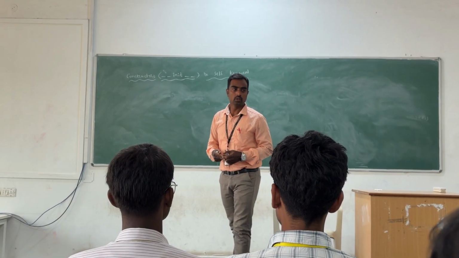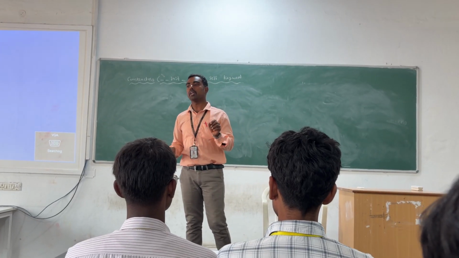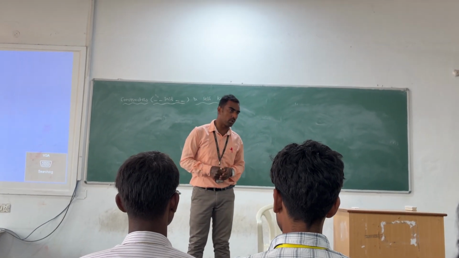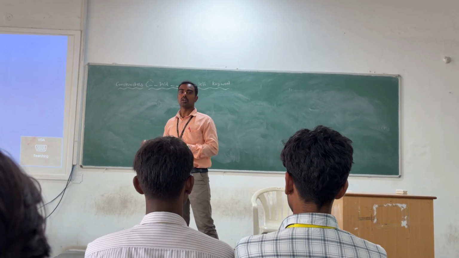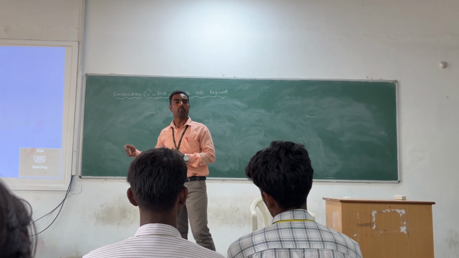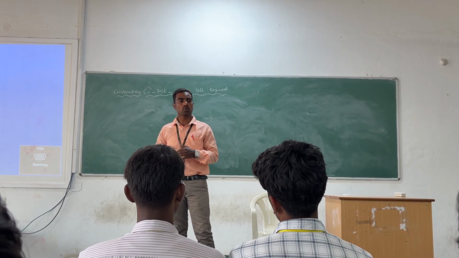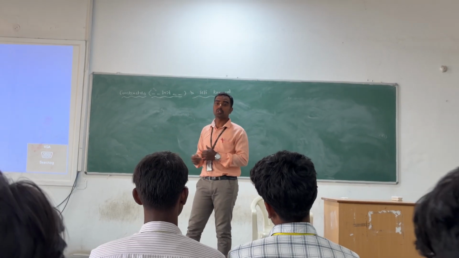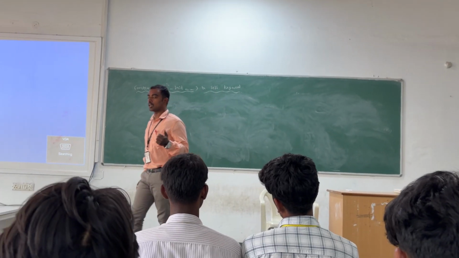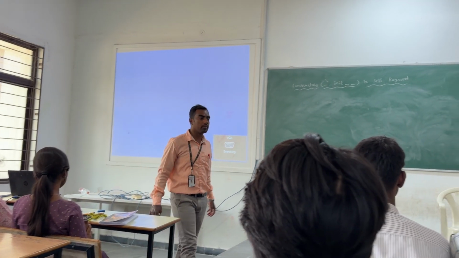Already I told you, object-oriented programming is very different from traditional programming. In traditional programming, we have loops, conditions, variables, methods, different functions, file operations, so many concepts. But this OOPS concept is related to real-world programming.